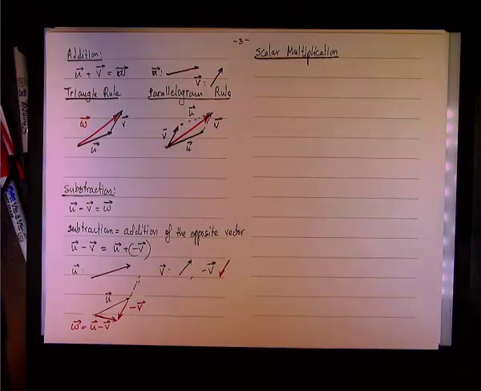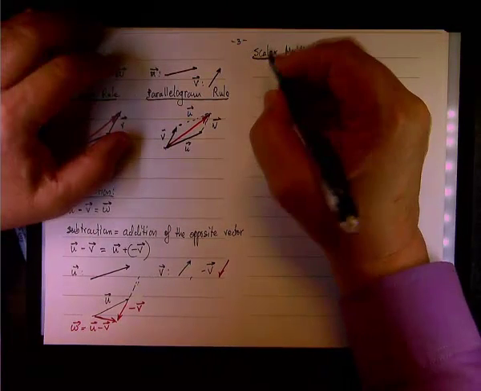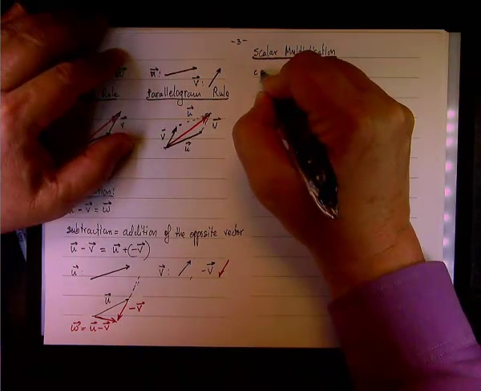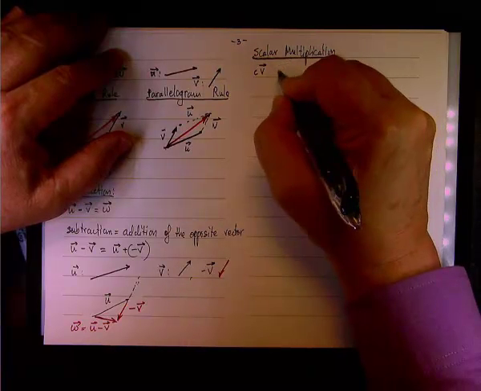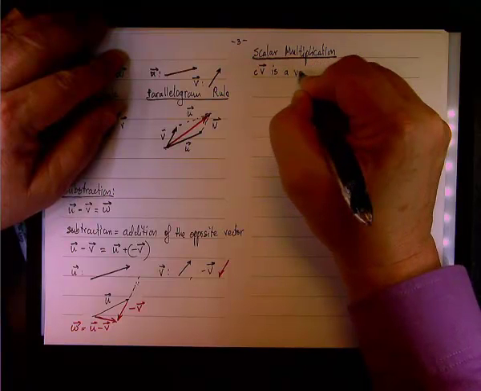For instance, if we start with an initial vector that has a magnitude of 3 units, and we multiply it by a constant c, and c equals 5, then the new scaled vector will have a magnitude of 5 times 3, 15. So we write: c times vector v is a vector v with its magnitude scaled by a factor of c.